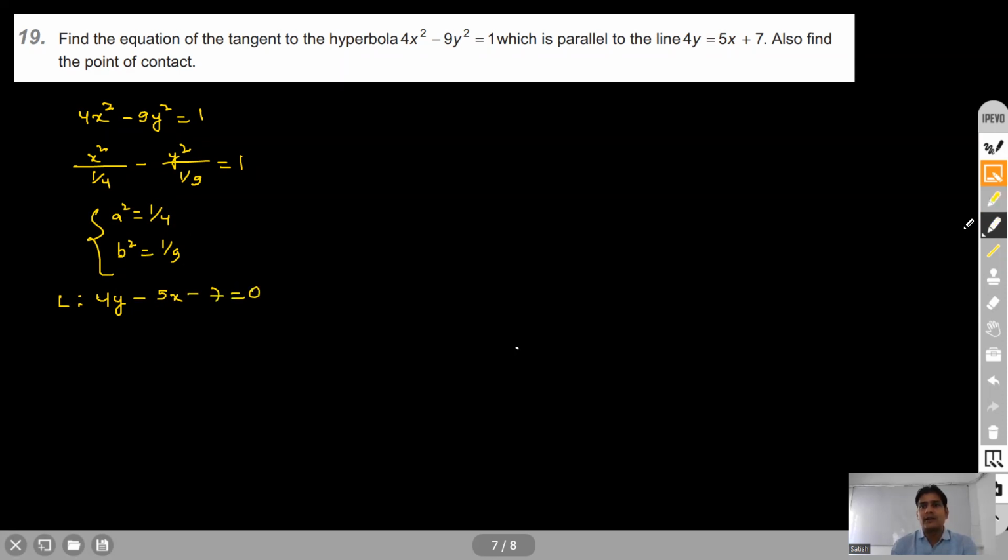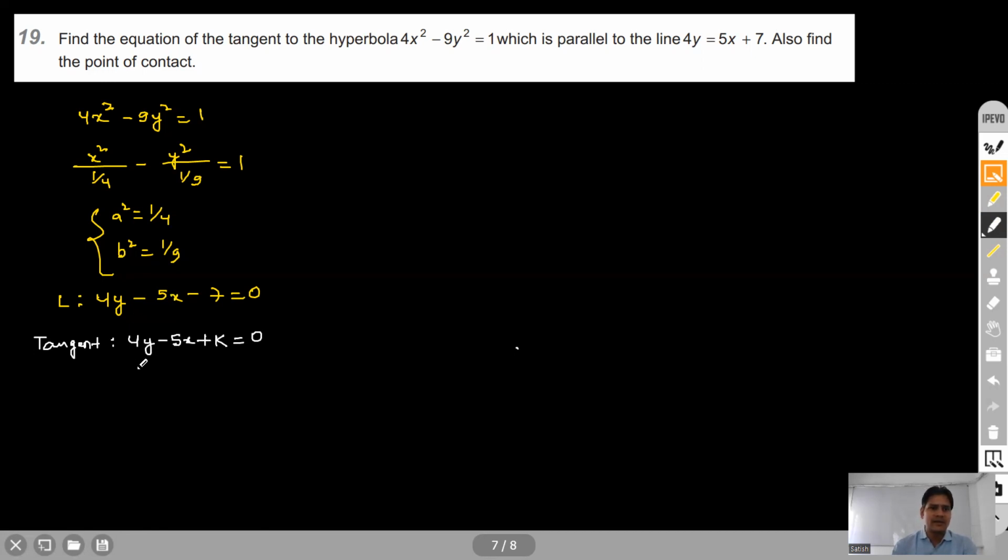Now our tangent should be parallel to this line. So we can assume the equation of our tangent to be 4y minus 5x plus some constant equal to 0. This will be our equation of tangent, because then only these two lines will be parallel to each other. Is it okay?